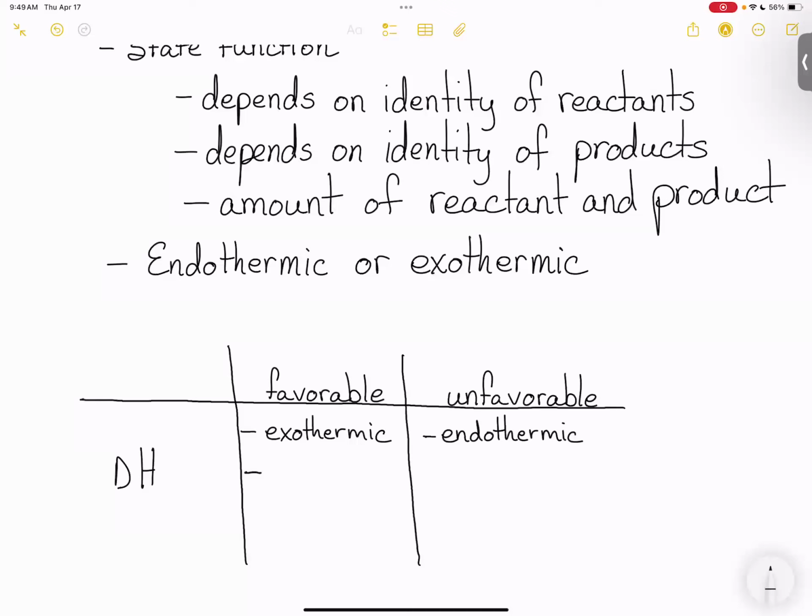An enthalpy that is favorable will be a negative delta H, whereas a positive enthalpy will be unfavorable.